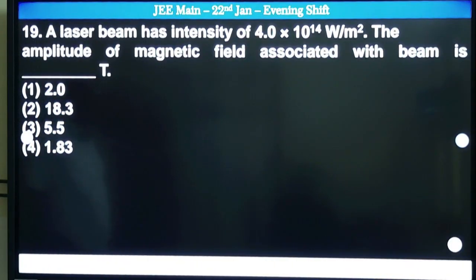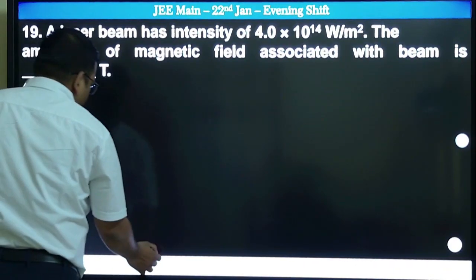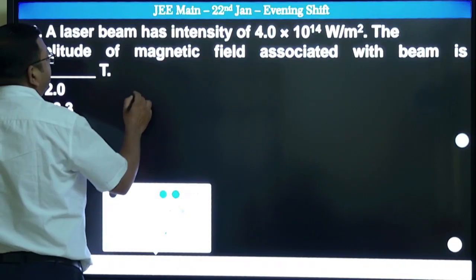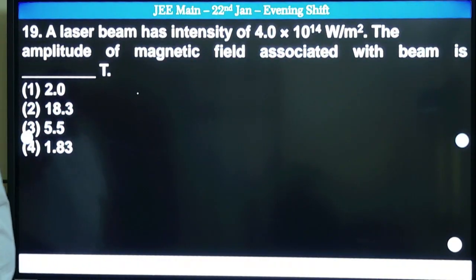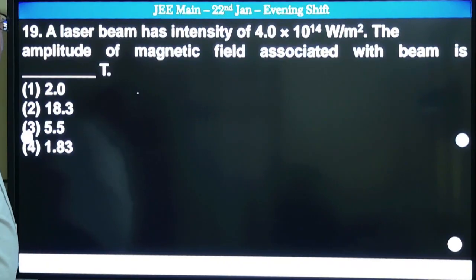A laser beam has this intensity. The amplitude of the magnetic field associated with the beam is to be found. The laser beam intensity is given, and from that intensity we have to calculate the magnetic field.